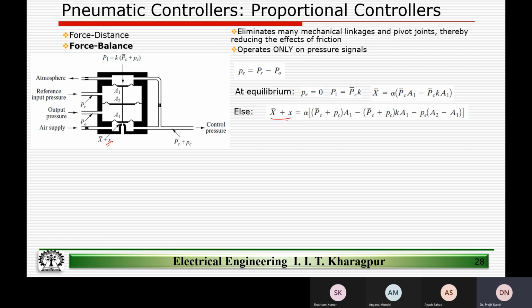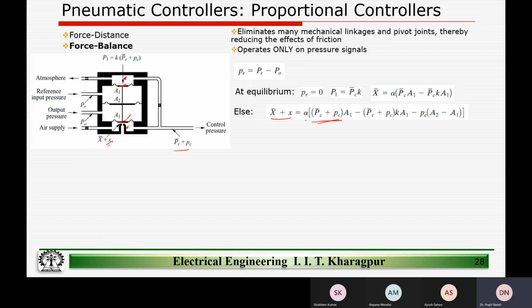X bar plus x will be equal to the same constant alpha, and this constant alpha will be determined by how much this whole structure moves, right? This constant times alpha. So these two terms are understandable, because this is capital PC plus small pc. This is the pressure here, multiplied by, of course, the area, minus the pressure at this chamber multiplied by this area A1.